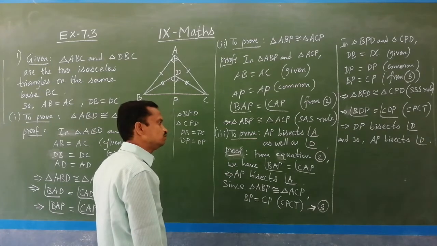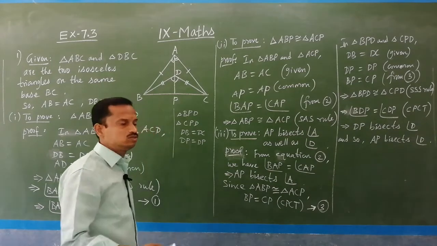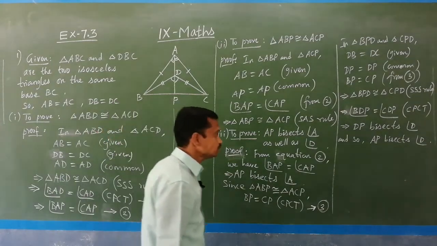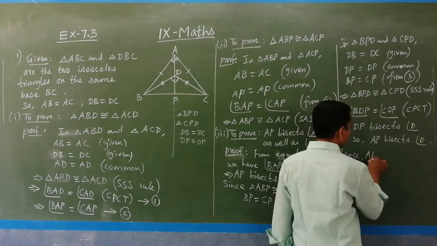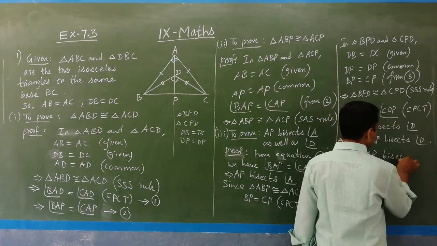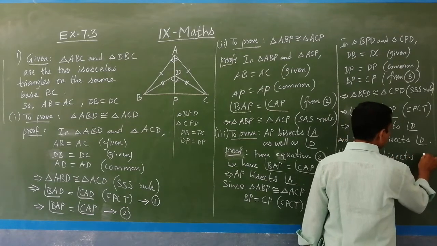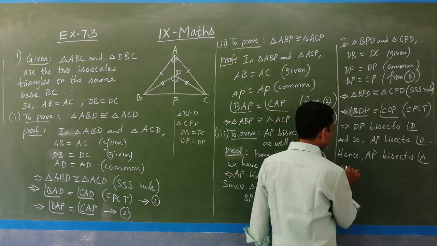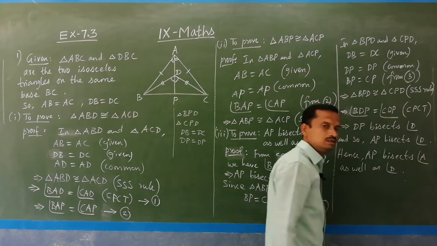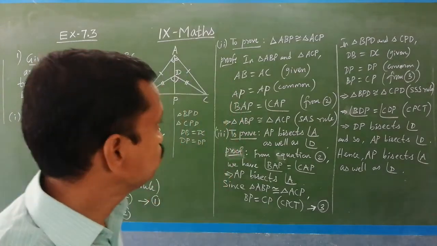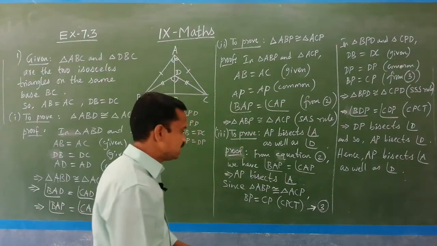So if DP bisects angle D, AP also bisects angle D. Hence, lastly we can say AP bisects angle A as well as angle D.